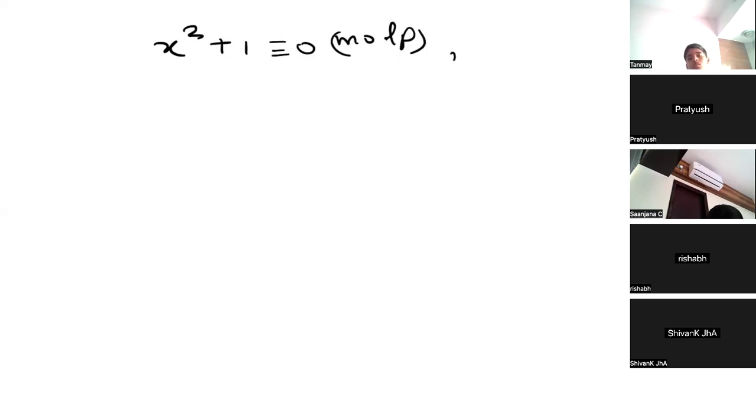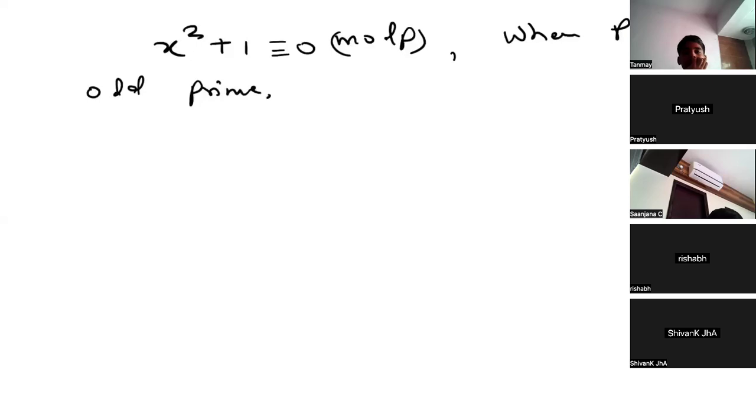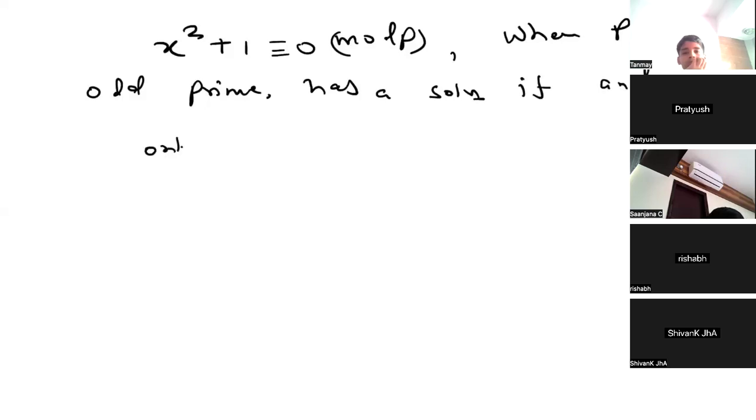This is called quadratic congruence, where p is an odd prime. It has a solution if and only if p is congruent to 1 mod 4.